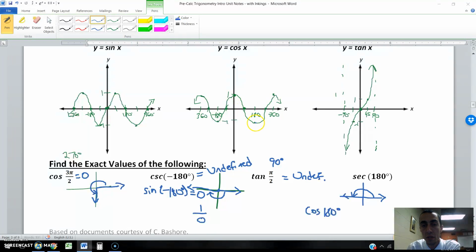At 180 degrees, it has a cosine value of negative 1. Then we recall that cosine and secant are reciprocals. So do the reciprocal of negative 1, which is 1 over negative 1, which equals negative 1. And so the secant of 180 degrees is negative 1.